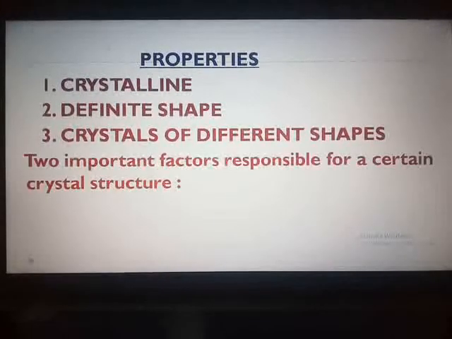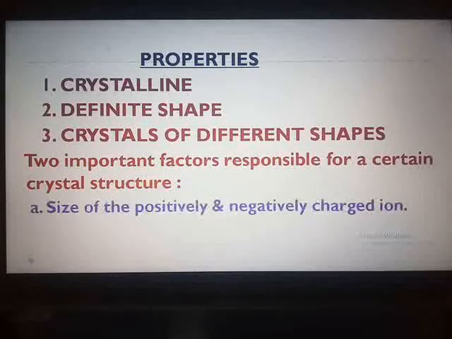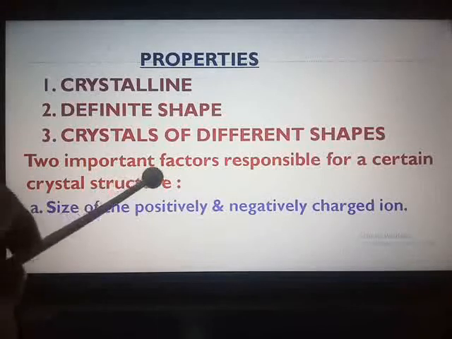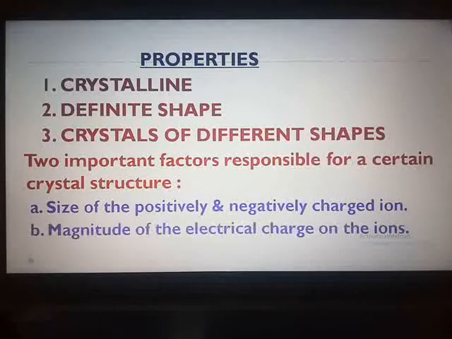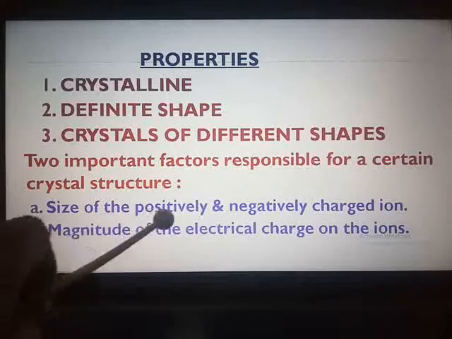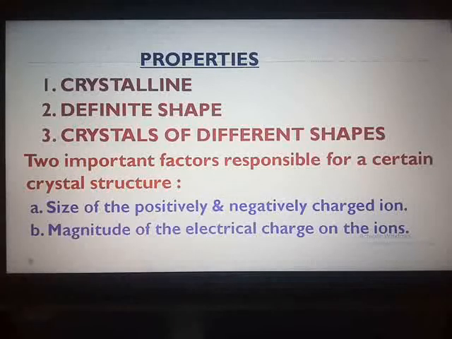Now, two of the important factors are responsible for a certain crystal structure. The very first factor is the size of the positively and negatively charged ion. If you take the example of sodium chloride, sodium is the positively charged whereas chloride is the negatively charged ion. Second factor is the magnitude of the electric charge on the ions.